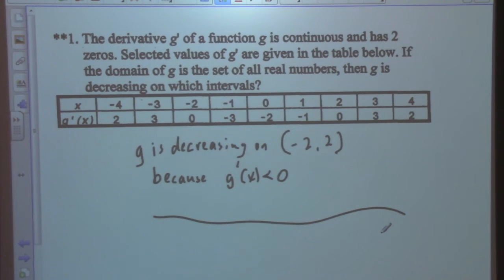Now it's a bit of a trick question in that it says decreasing on which intervals. Well, actually it just looks like one interval here, right? Does that seem that hard of a concept to deal with? Does it help to remember this relationship here, the plus minus? You see how quickly I'm drawing this?